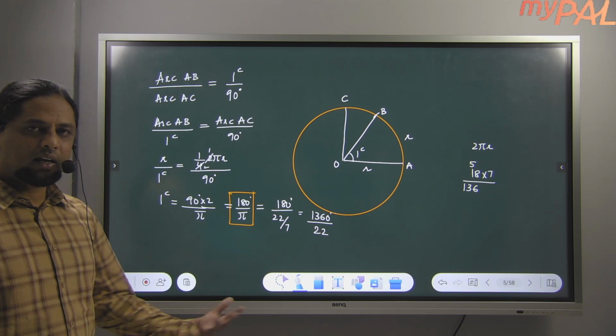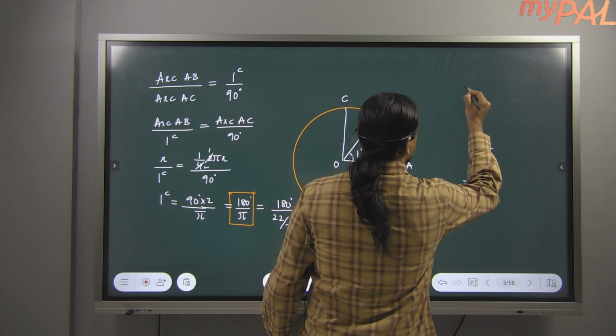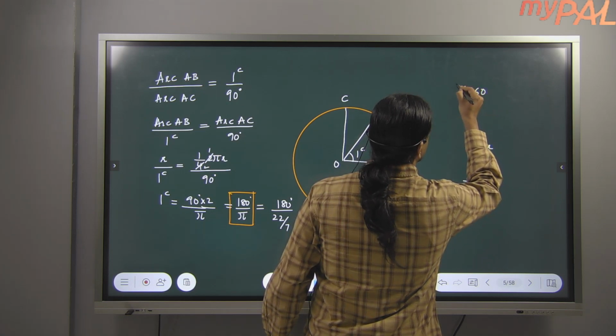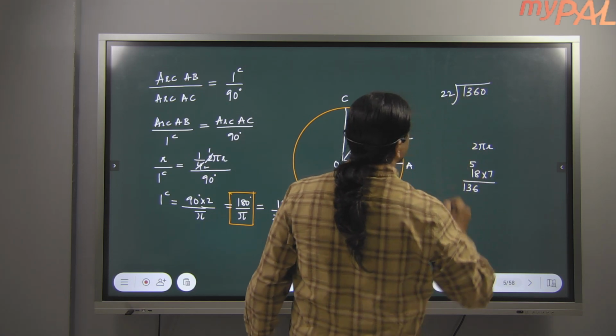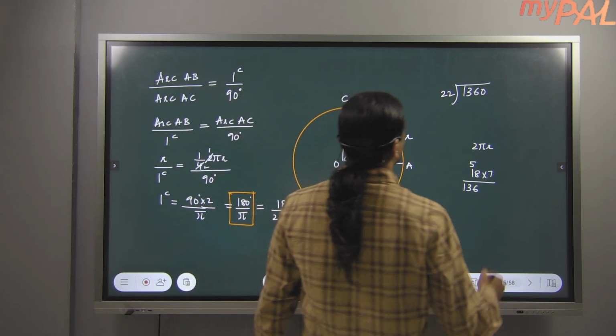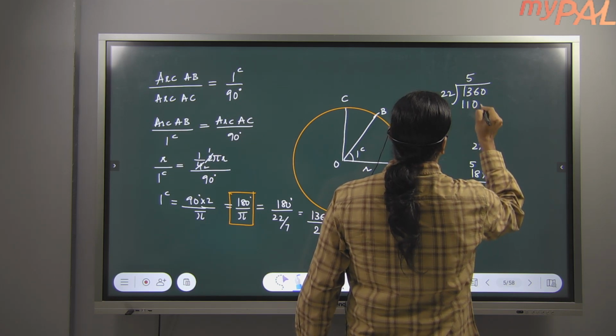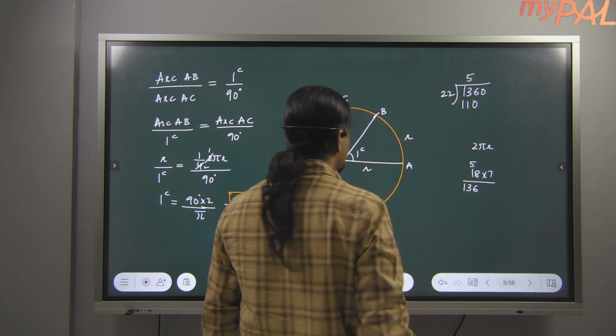Again, can I write it in a simplified format? Yes. I should divide 1260 by 22. I can write it as a mixed fraction. 22 into 5 is nothing but 110. Correct? It's going to be 110.